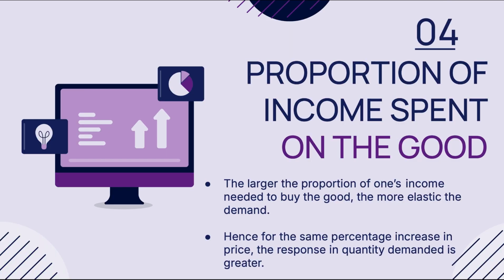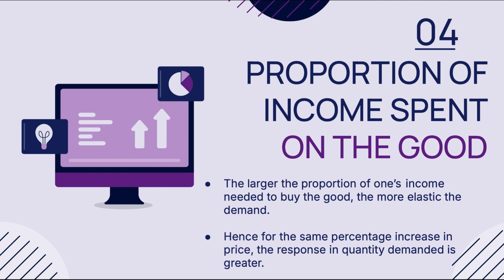So the fourth determinant and the last determinant we're going to discuss in this video is the proportion of income spent on the good. So the larger the proportion of one's income needed to buy the good, the more elastic the demand. So an item like a pen or a water bottle takes up a very small proportion of one's income, whereas a car or that expensive watch I was talking about takes up a much larger proportion.